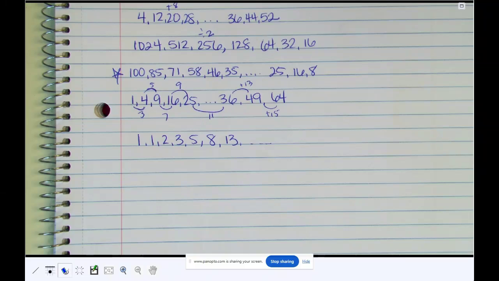Any ideas about the next number? 18. Nope. I told you this one's harder, but once you know the pattern, you're gonna be like, oh, that's so easy.